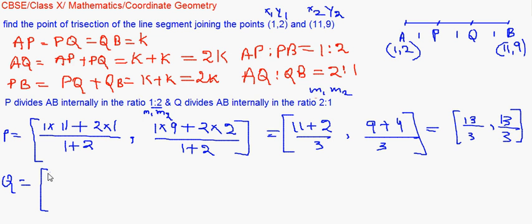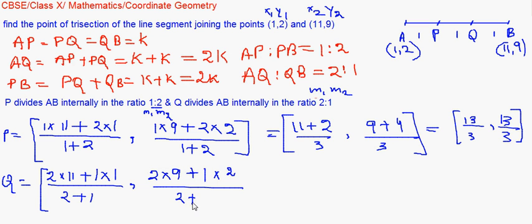So the x coordinate is m1 x2 plus m2 x1 by m1 plus m2, and the y coordinate will be m1 y2 plus m2 y1 by m1 plus m2.